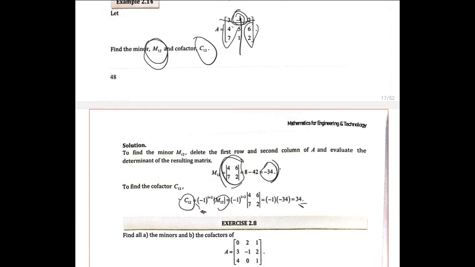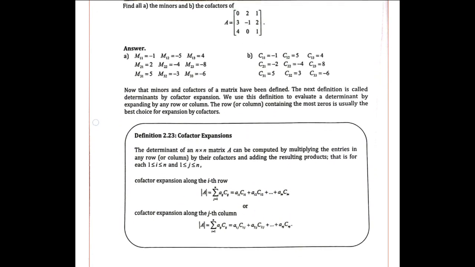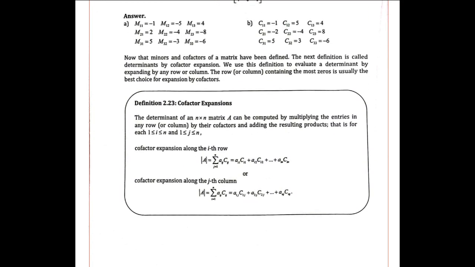Next, now that we have learned how to calculate the minor and cofactor, the next definition talks about cofactor expansions. This is one way to calculate the determinant by just looking at one column or one row.